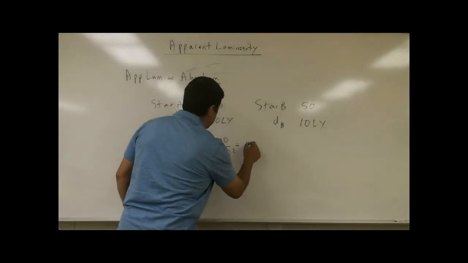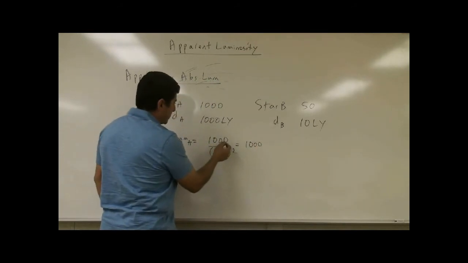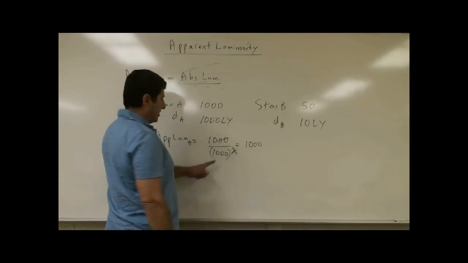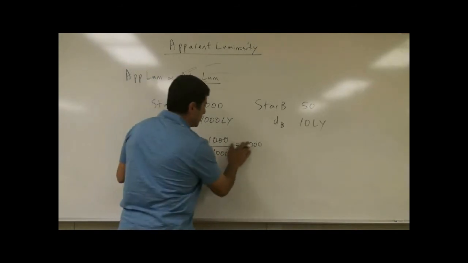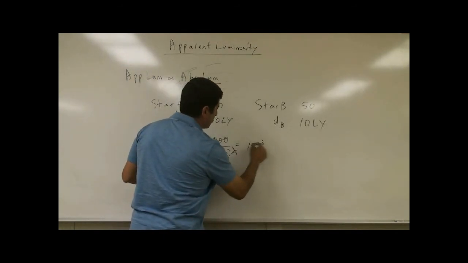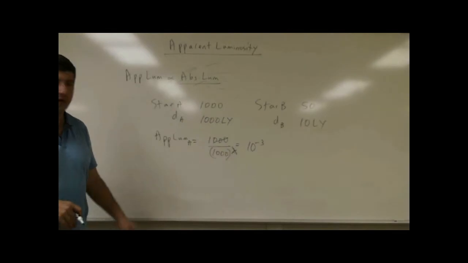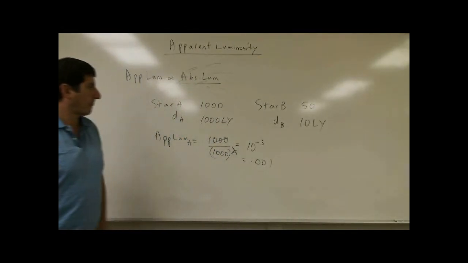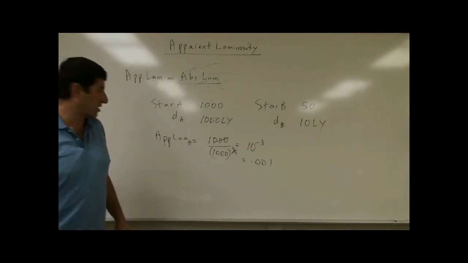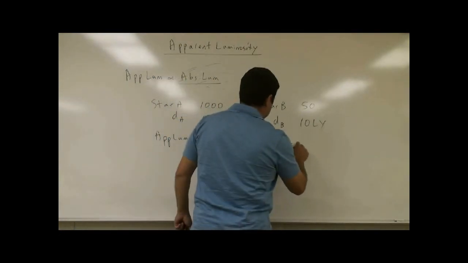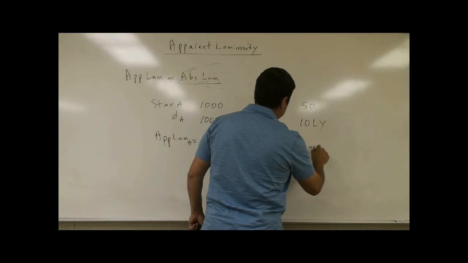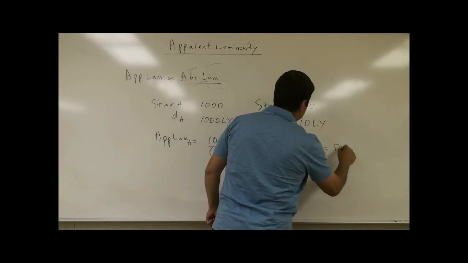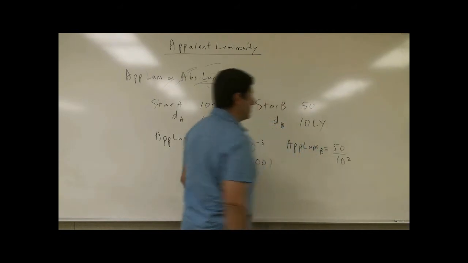So then what is that? Well, basically this one cancels one of these and you get 1 over 1,000, which is 10 to the minus 3, one thousandth, right? So basically 0.001. Okay, what's the apparent luminosity of star B? The apparent luminosity of star B is 50 over 10 squared.